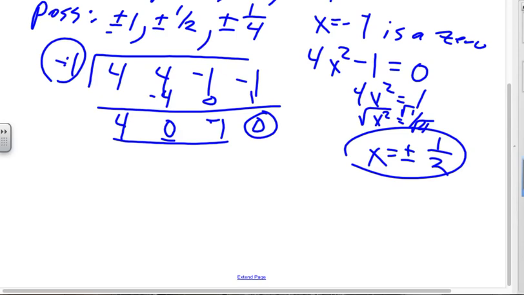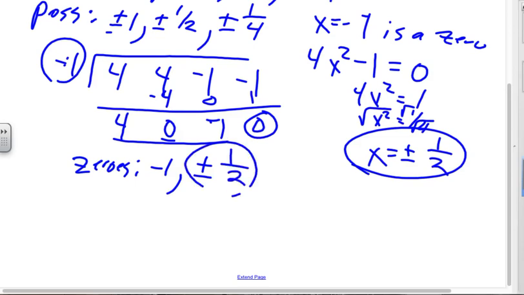And there are my other two roots. So our zeros on this one are going to be -1 and then plus and minus 1/2. And if you remember, this was a possible rational root, and we found it by solving our quadratic rather than having to do the synthetic on this.